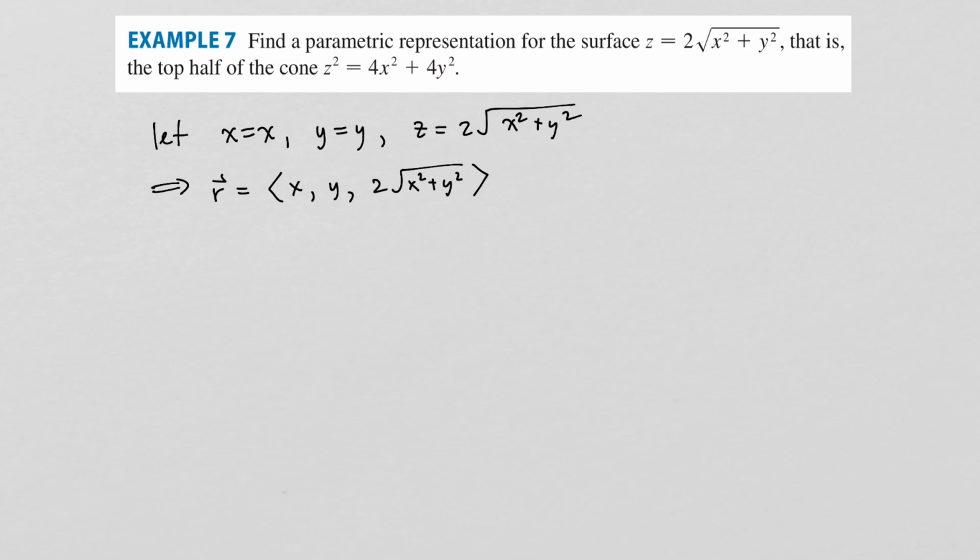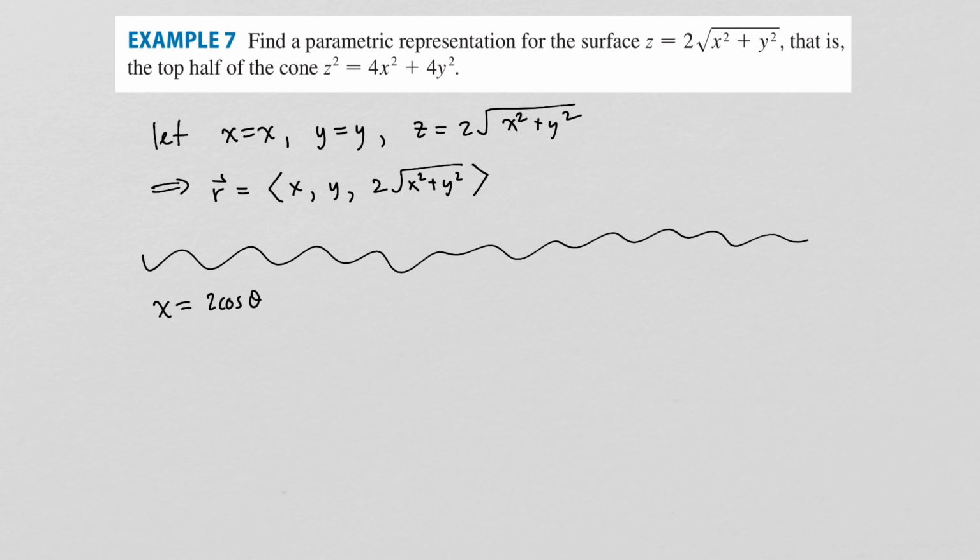Consider trying this. What if I used polar coordinates? What if I let x be equal to r cosine theta, y be equal to r sine theta, and we know that z squared is 4 times the quantity x squared plus y squared, so we could say that z squared is 4 times r squared.